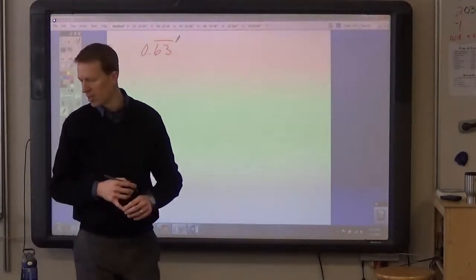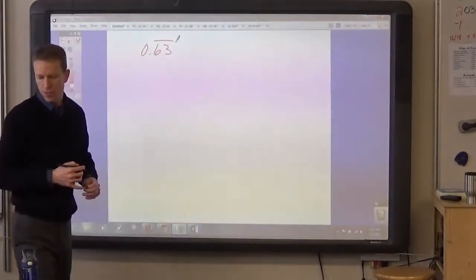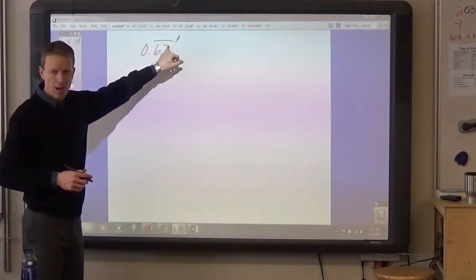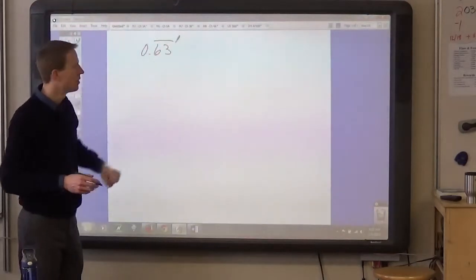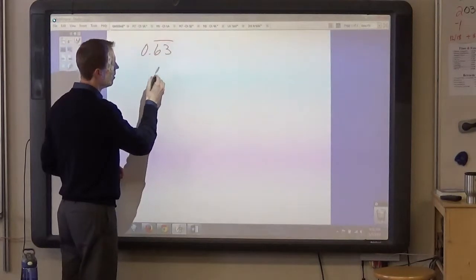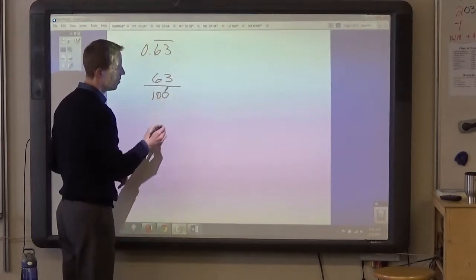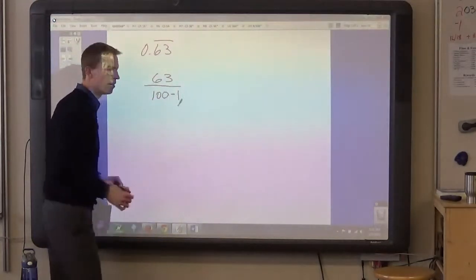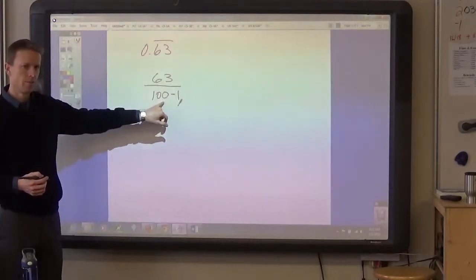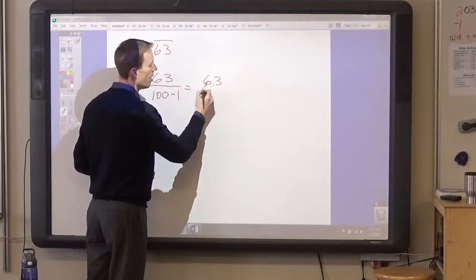It helps you figure out what that would be as a fraction. Now, a simple way to do this is to write 63 over 100, but take away 1 from the denominator. So make this 63 over 99.